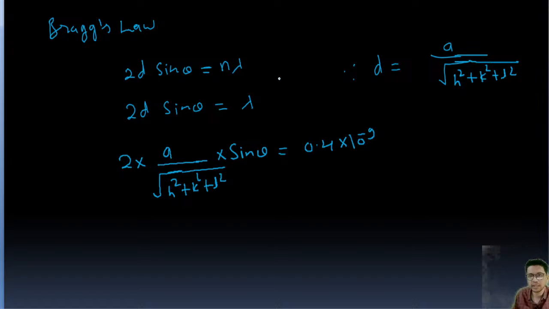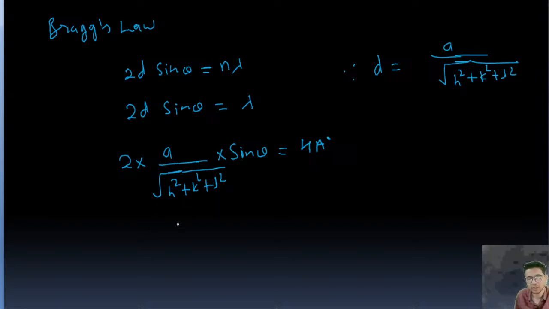Or we can write in angstrom: 0.4 nanometer means 4 angstrom, right?